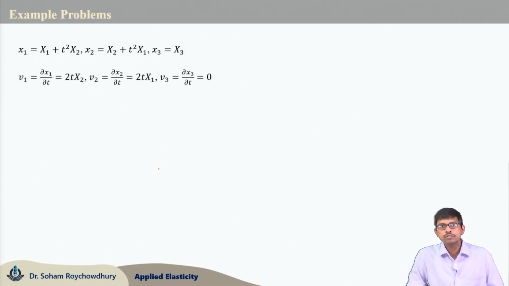So, for finding velocity in the material description, we just need to take the partial derivative with respect to time, because all small x1, small x2, small x3 are described as function of capital X1, capital X2, capital X3. So, this is in the material frame or Lagrangian formulation.